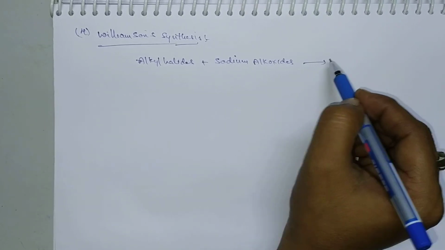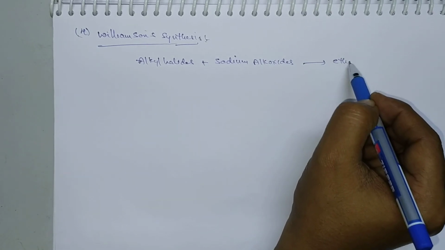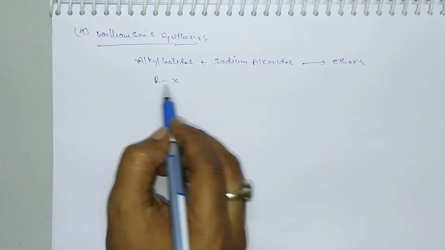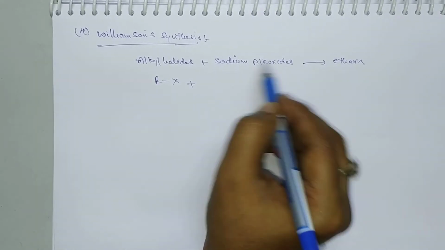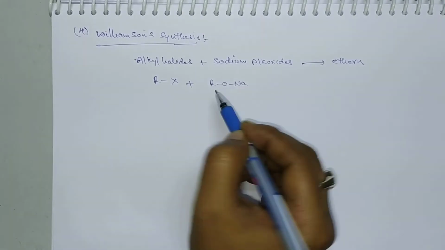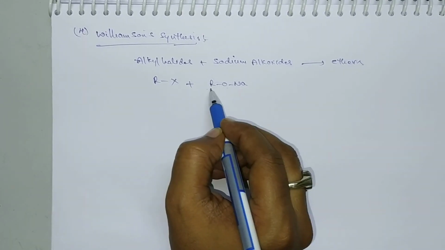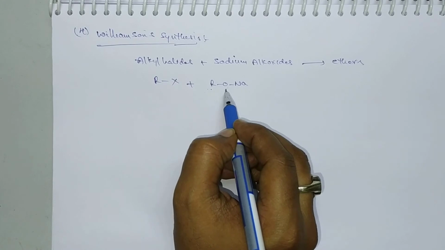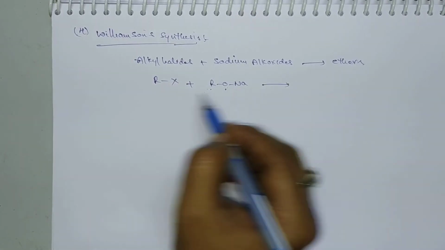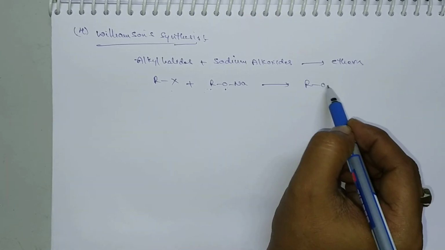What is the general formula of alkyl halides? RX, you know very well. Sodium alkoxide means RONa, alkyl plus oxide. So alkyl halides react with sodium alkoxides to produce ethers, ROR.